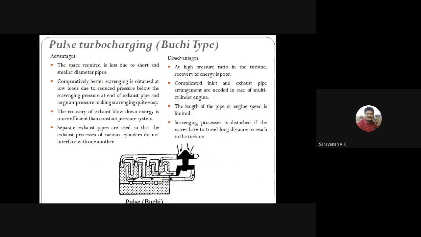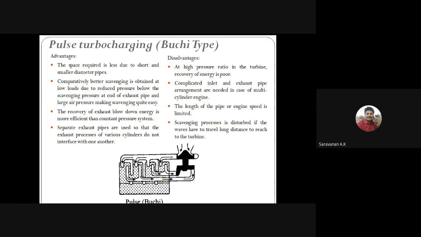And we have the second method, that is pulse turbocharging. In this pulse turbocharging, a considerable part of the blowdown energy is converted into an exhaust pulse as soon as the exhaust valve opens. These pulses are fed to the turbine through a narrow exhaust pipe, by the shortest possible route to the turbine, where the energy will be utilized.